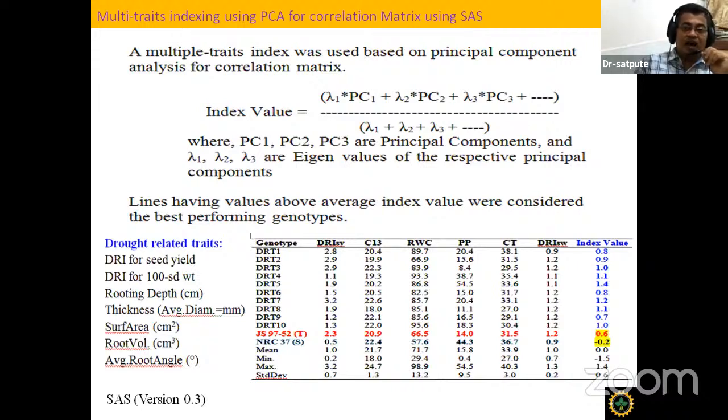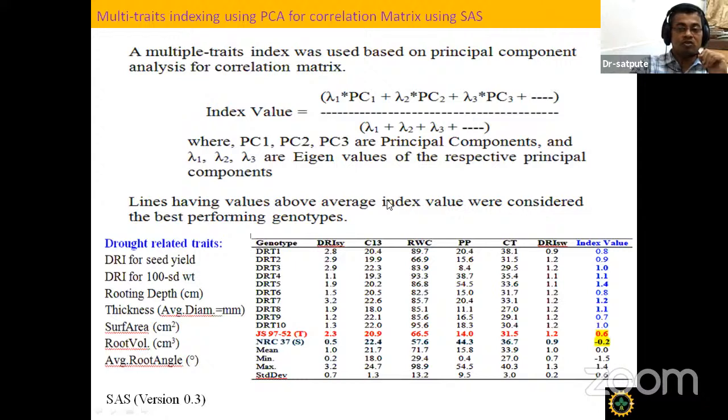Here you can see a multiple trait index was used based on principal component analysis for the correlation matrix, and with the formula given here, the software calculates by itself, and the lines having a value above the average index value, which most of the time comes to 0, were considered the best performing lines.